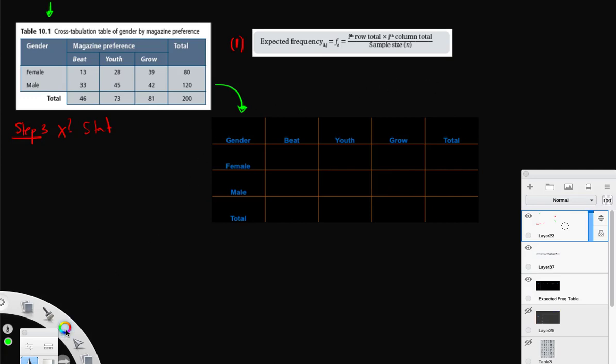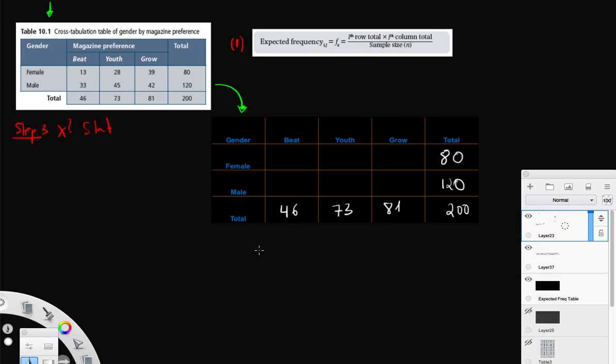The first thing that I'll preferably want to do is to rewrite the totals. So the female row is 80 here, 120, then we have 200, and the beat column is 46, 73, 81, and the total here also we should get 200.